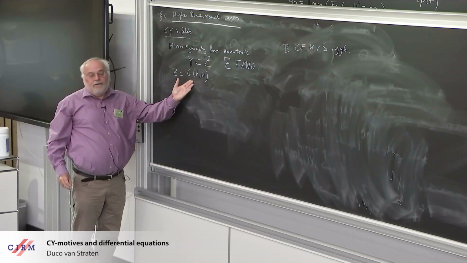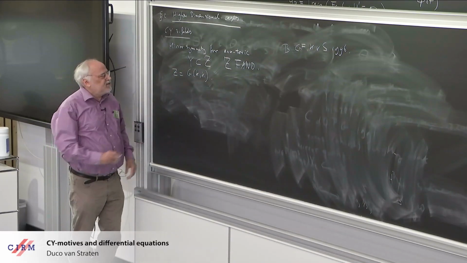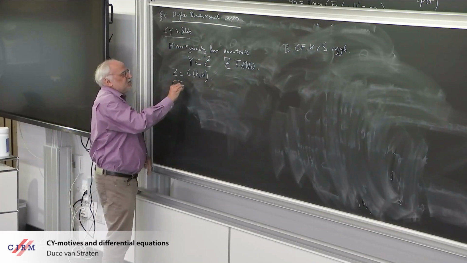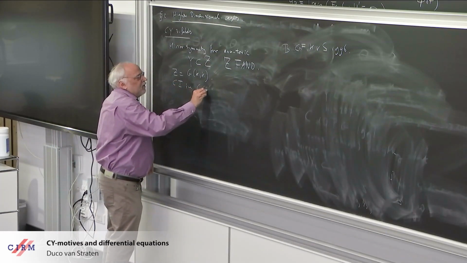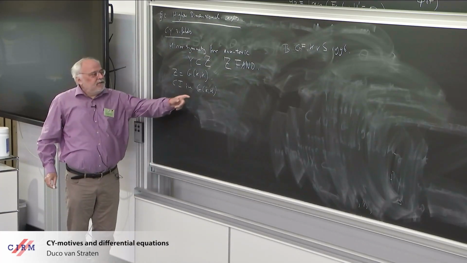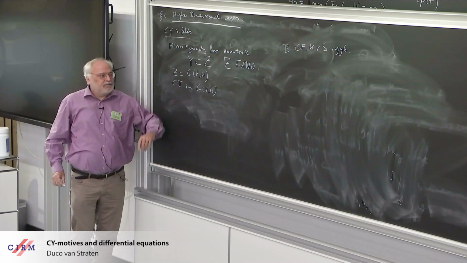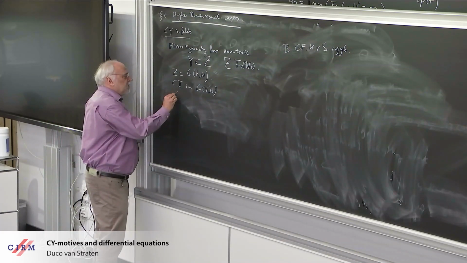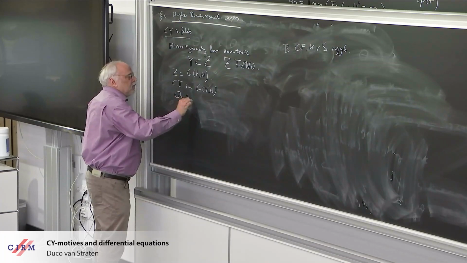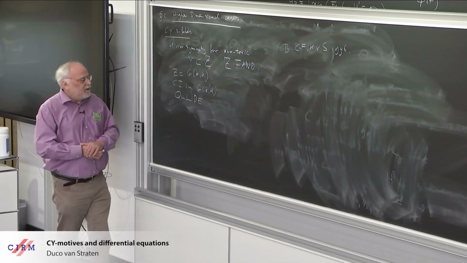We looked for complete intersections in Grassmannians. And the quantum homology of the Grassmannian was known, so we can compute the quantum differential equation for the Grassmannian.